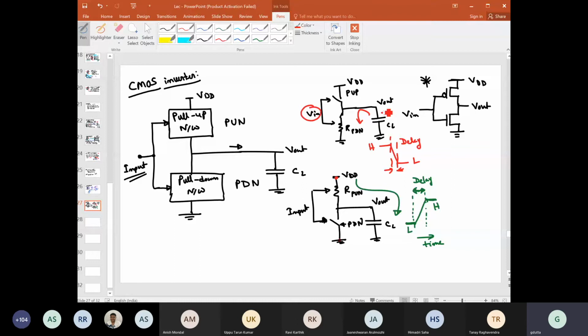So at that time the output is neither connected with VDD nor with the ground, right? So in that case, you can say the output is in a type of floating situation, right? And that is also sometimes used for making tri-state logic, where there are three states of logic, but we are considering only two levels, 0 and 1. So we are not focusing on that tri-state part, right? So for our discussion, it will be either connected with VDD or it will be connected with the ground.